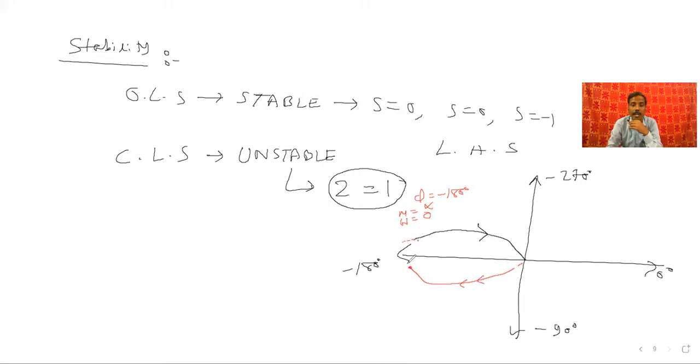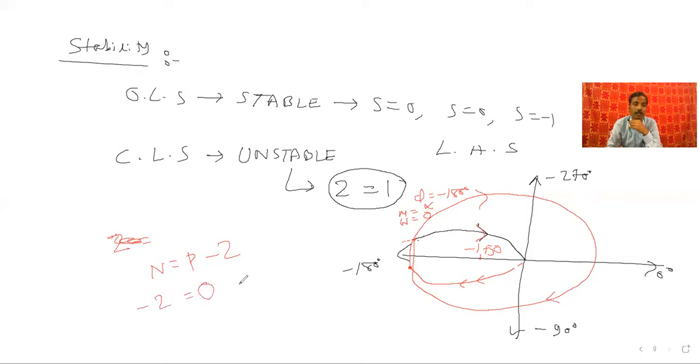Draw a contour clockwise. Then the minus 1 plus j0 point is inside. By definition, N equals to P minus Z, and there are two clockwise encirclements, so Z equals to 2.